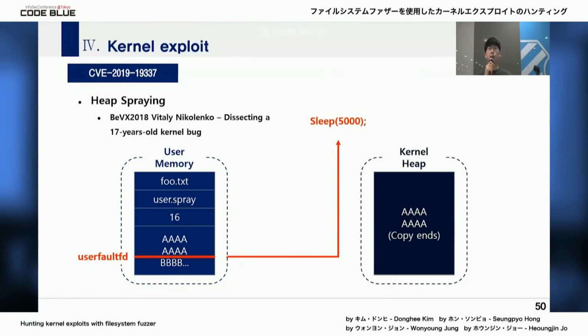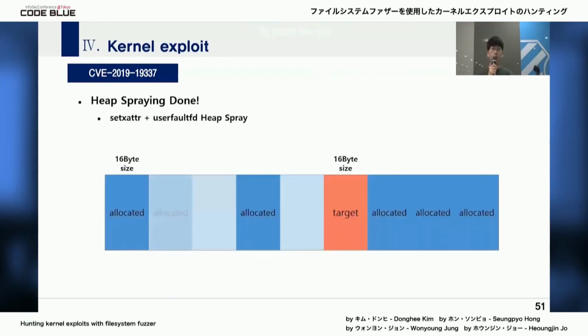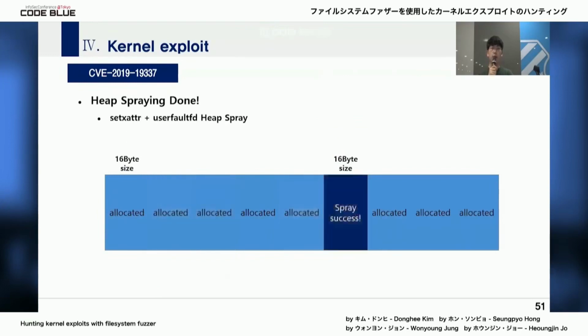Therefore, memory allocated through the setxattr syscall remains in the kernel memory without being freed for a specified period of time. In this way, we were able to reallocate the freed work queue structure in the close function using this technique.